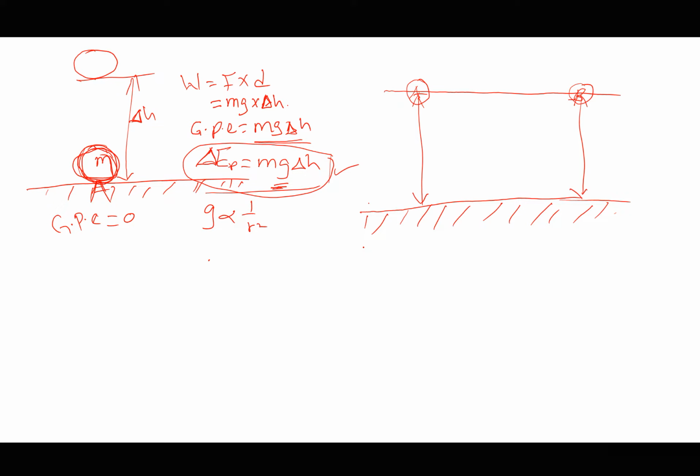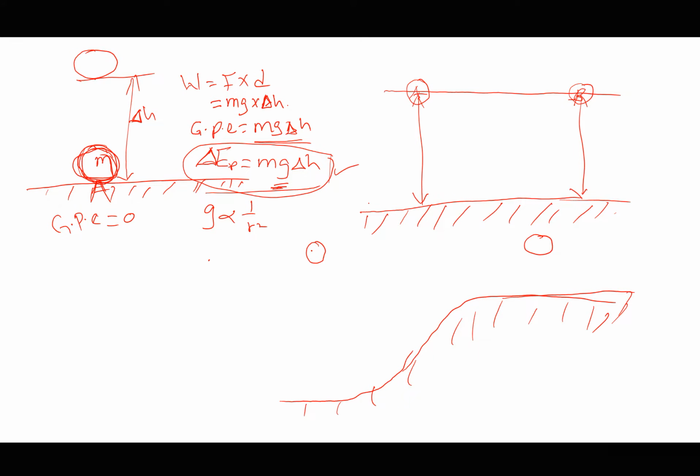But then, let's try to modify this further. Let us assume now this is the Earth's surface, because the Earth is not always flat throughout. At some points it could be hilly, some points could be mountainous. And object A is here and object B is here.